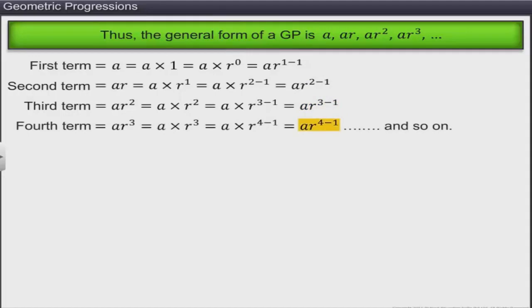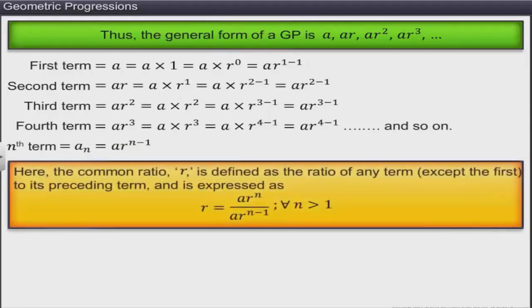Here the common ratio, R, is defined as the ratio of any term except the first to its preceding term, and is expressed as the n plus 1th term divided by the nth term for all n greater than or equal to 1.